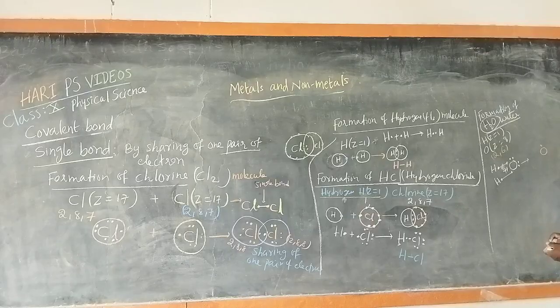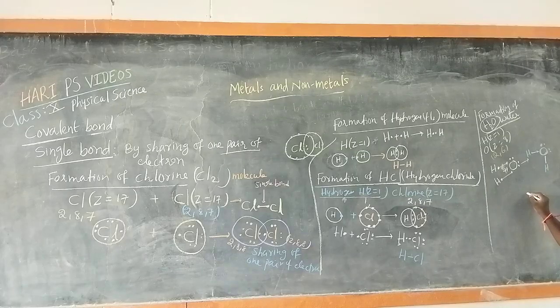Water molecule. It should be written like this, H and H. These two electrons are shared by hydrogen, and these two electrons are shared by hydrogen. This can be represented like this.